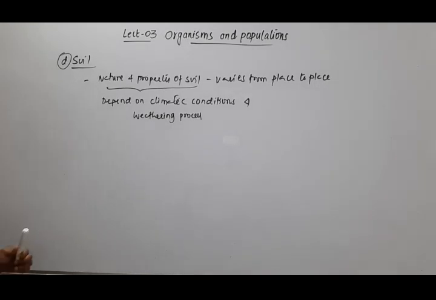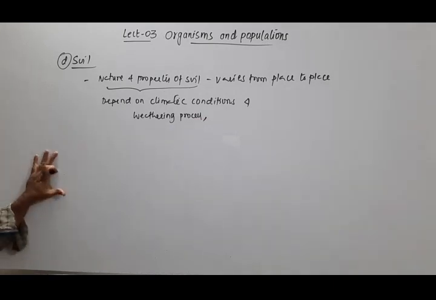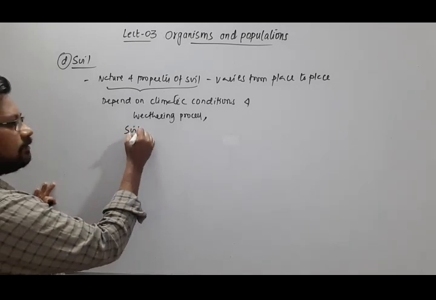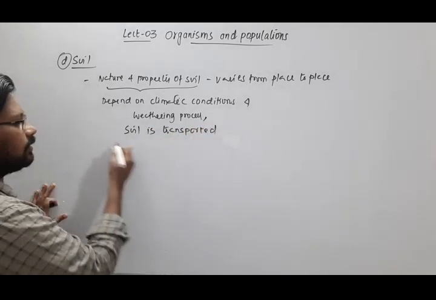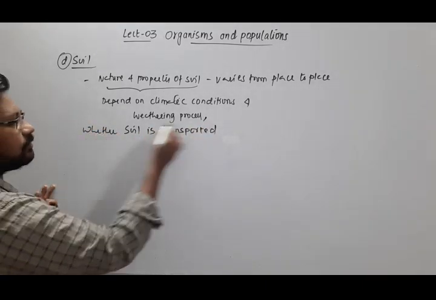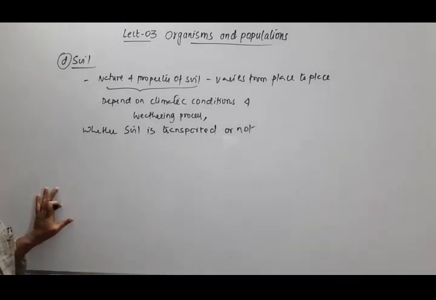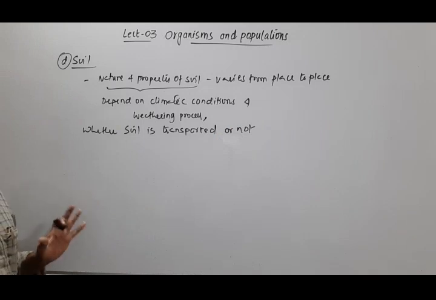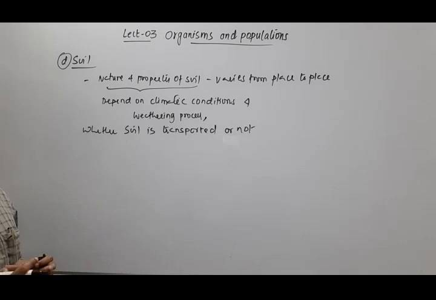And not only the climatic conditions and weathering process, there are other factors which are also responsible for the nature and properties of the soil. One is whether the soil is transported or not. With the help of water, when there is rainfall or floods, the soil will be transported from one point to another.